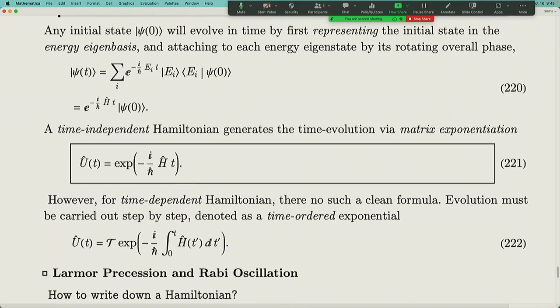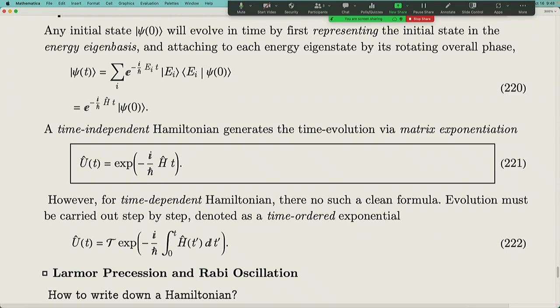However, for a time-dependent Hamiltonian, there's no clean formula that you can immediately write down for what U(t) should be. What you need to do is carry out the evolution step by step, using an infinitesimal time times the Hamiltonian to evolve the system forward by an infinitesimal step, and then accumulate all the steps together, meaning multiplying all the small time evolutions together.